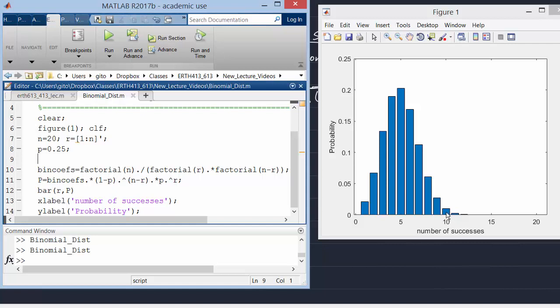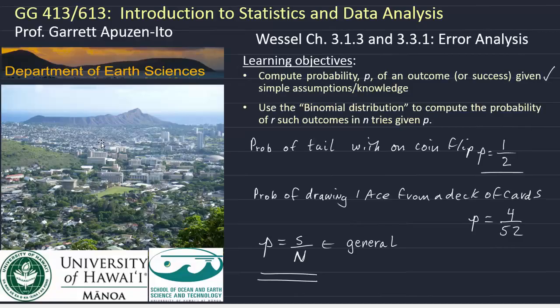That probability is much lower than 5, but it's still possible. So this shows the distribution of probability of this number of successes given n trials and this probability of a single success. Okay, so that'll conclude this video on the binomial distribution.